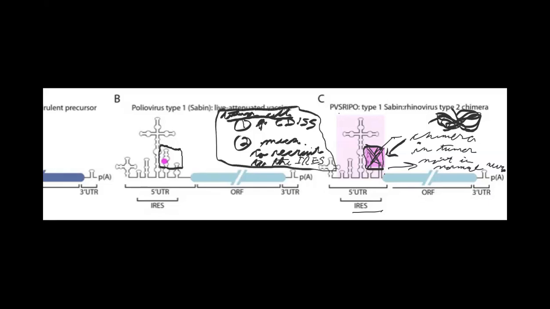Now, normal tissues can be affected when you have too much of a dose of the PVSRIPO. Now, remember, this is a poliovirus that's attenuated, but it's a chimera between the Sabin and the rhinovirus.